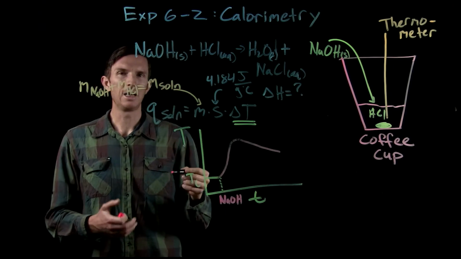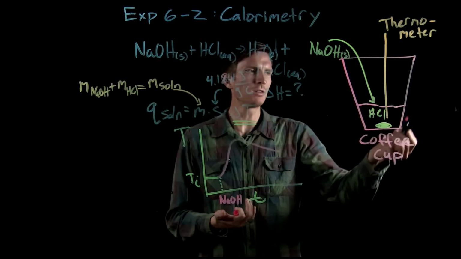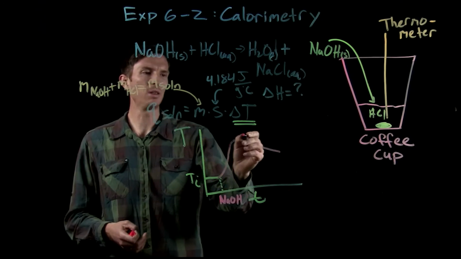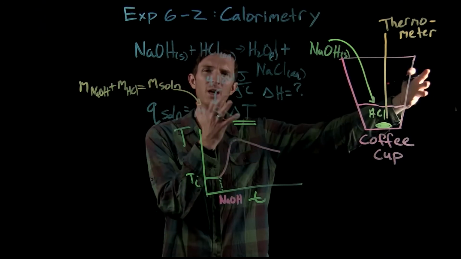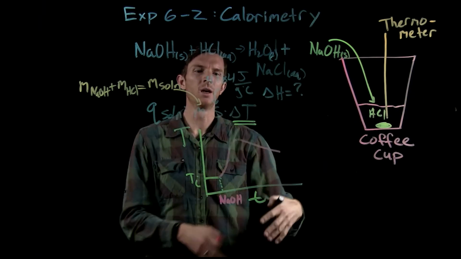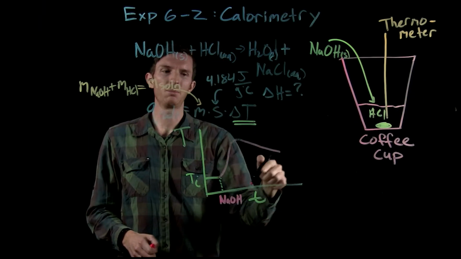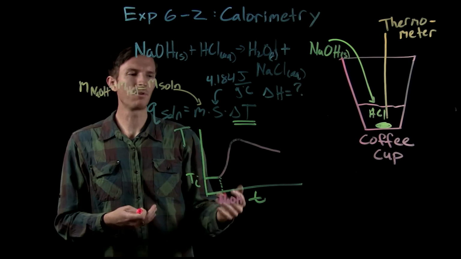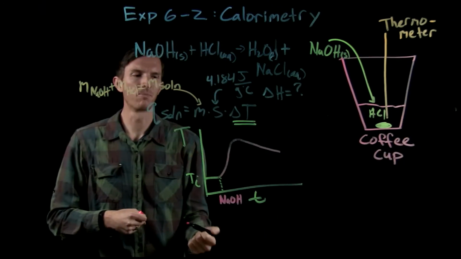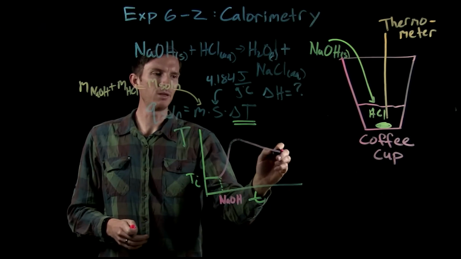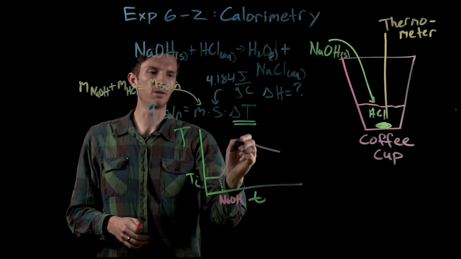Okay. Now, if this was a perfect insulator, our temperature would rise up and then remain constant. Well, since this is not a perfect insulator and the outside is cooler than the inside, we're going to slowly get this drop in temperature. But we need to account for that loss of heat to the surroundings as our reaction is happening. So we can extrapolate. We'll see that this is going to be fairly linear.